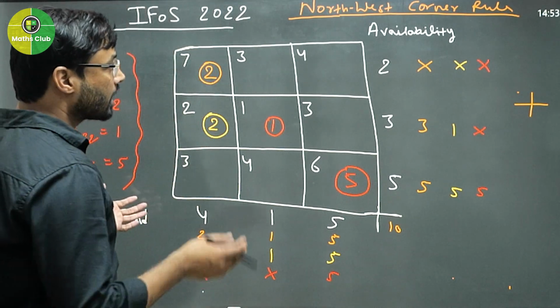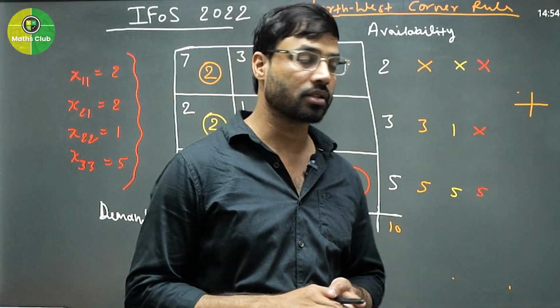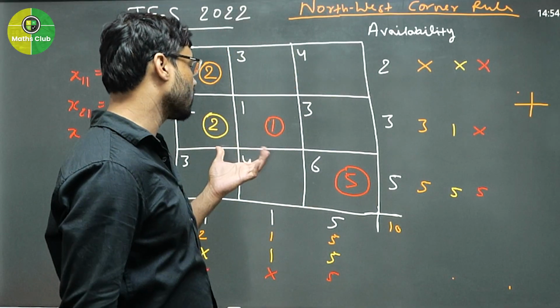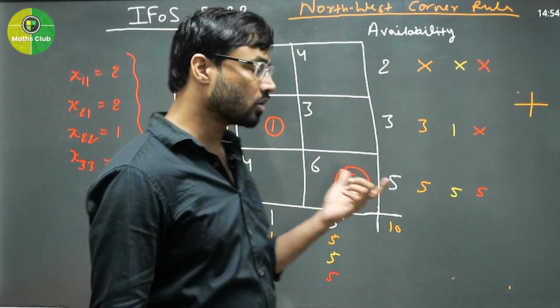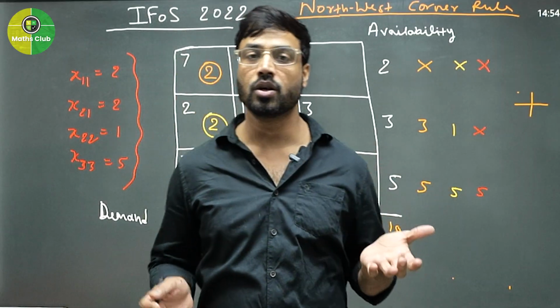If the question also asks to find the optimal solution, then you have to check whether this solution is optimal or not by the optimality test. If it is not optimal, then you further solve it by the MODI method, that is the modified distribution method, to find the optimal solution.